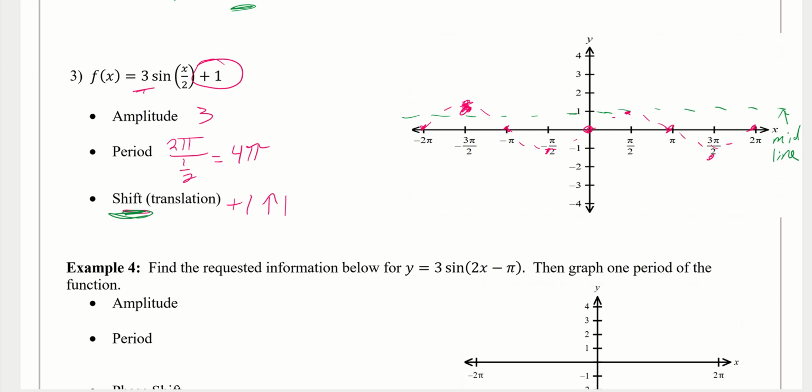Okay, and so again, sine is going to start at 0 here. Right, so sine starts at 0. Now the tricky part is it says that my total period is 4 pi. And so there's a few ways that you can look at this. Number 1, we know that my next point where it's going to hit 0 and complete is going to be way over here, right, at 4 pi.